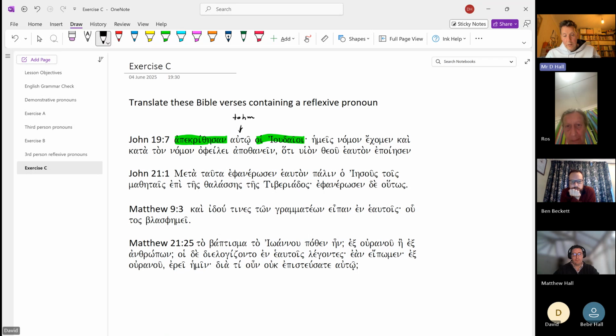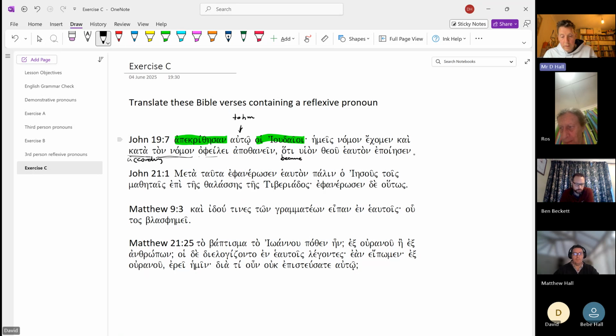So, hēmeis, which I don't think we've met before, nomon you do know, is the law. And echomen, so we have a law, and kata, followed by the accusative, is according to. So here we have according to the law, he ought to die. Okay, so that's the first part of it, which hasn't got the reflexive pronoun in, but this bit here is hoti, which means because.